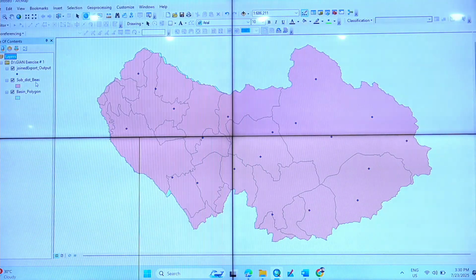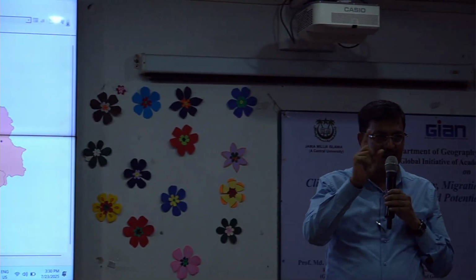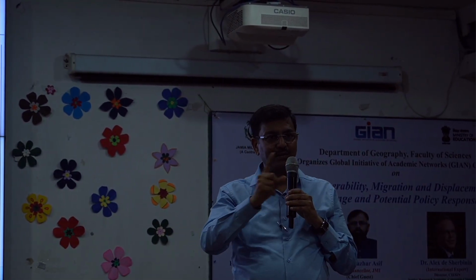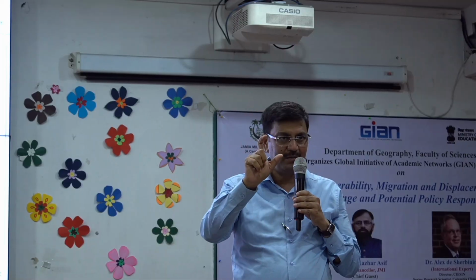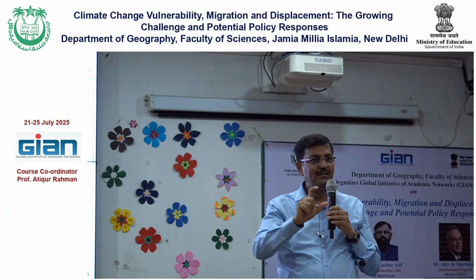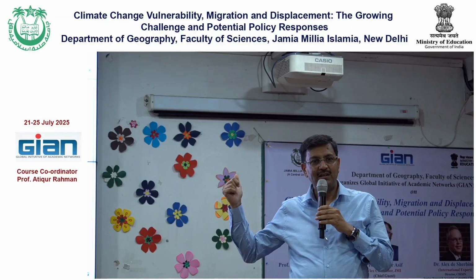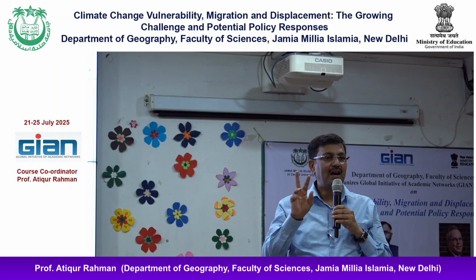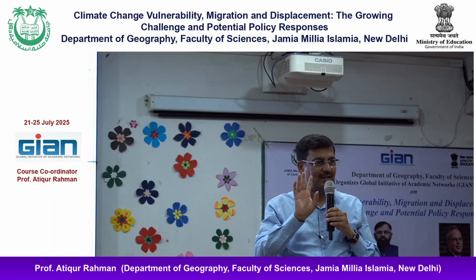Next step, if you have any issue, please let me know. Otherwise, I'm sure that we'll have many issues when you go to the lab and start doing it yourself. So first, the IMD grid data we converted to relational, tabular format. After that, we went to the GIS software and attached the data. That was the second step.